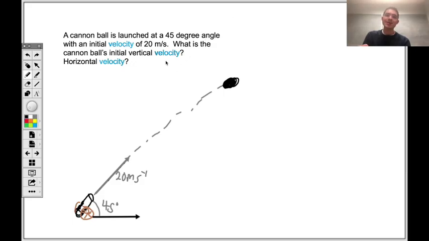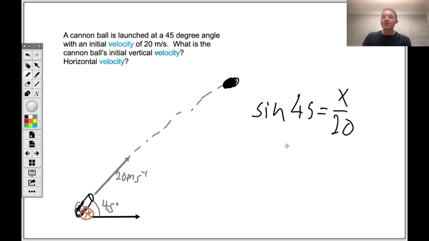Since the cannon is launched at a 45-degree angle, we can either use sine or cosine to determine the initial vertical or horizontal components of the velocity, as we also have the initial velocity. So this will give us 13 meters per second for either component of velocity.